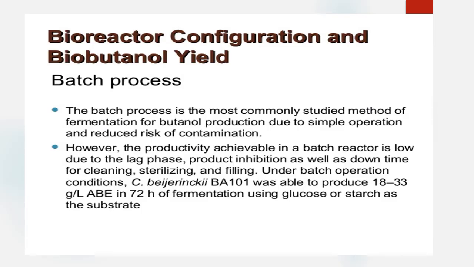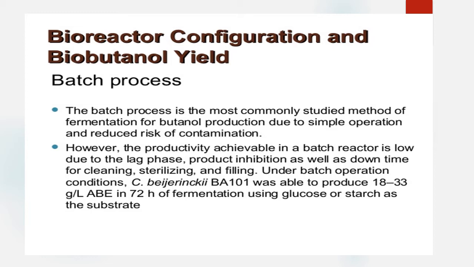We talk about the batch process. The batch is a very simple operation, and it reduces the risk of contamination, but the productivity is very low, because either the product itself will inhibit, or the organism present may start utilizing, or the substrate will inhibit the whole process. Batch is nothing but a closed process, as we already know.